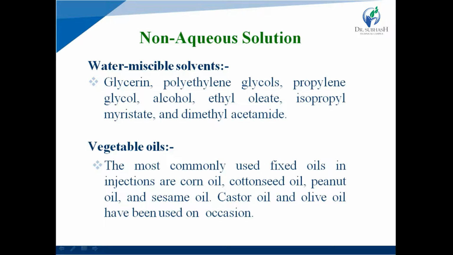Water miscible solvents have examples like glycerin, polyethylene glycol, propylene glycol, alcohol, isopropyl myristate, dimethyl acetamide, etc. Vegetable oils: the most commonly used fixed oils in injections are corn oil, cottonseed oil, peanut oil, sesame oil, castor oil, and olive oil.